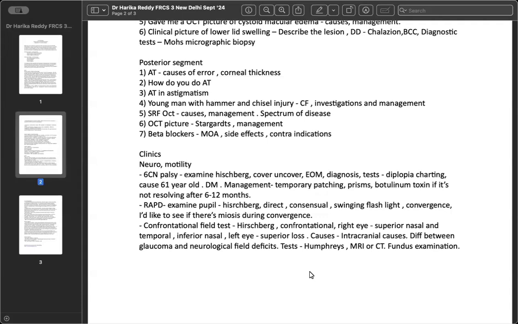And you also do convergence because in third nerve palsy, accommodation is lost. And then you also check for Argyll Robertson pupil, you check for accommodation. He asked me, why are you checking convergence? Then I told him I'd like to see if there's miosis during convergence.